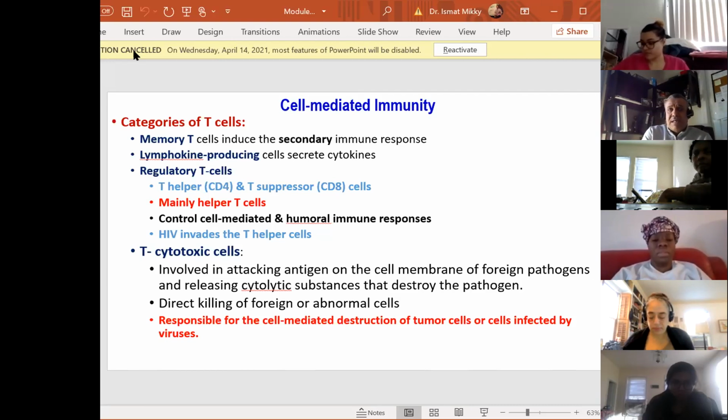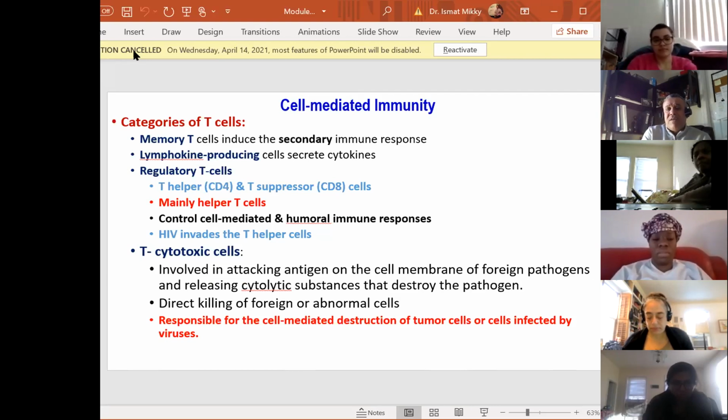If you have a 600 CD4 count, then we anticipate 300 of CD8, which is good. So it's expected to be a 2 to 1 CD4 to CD8 ratio.